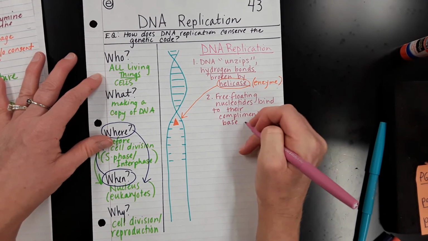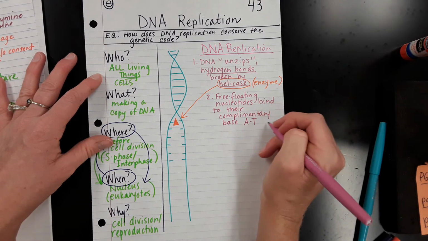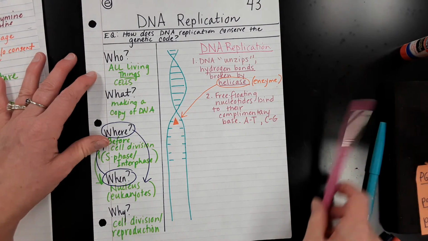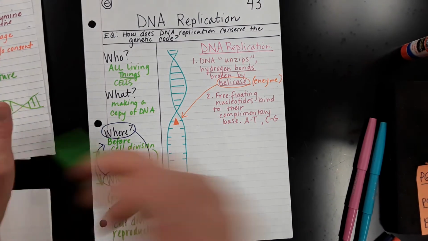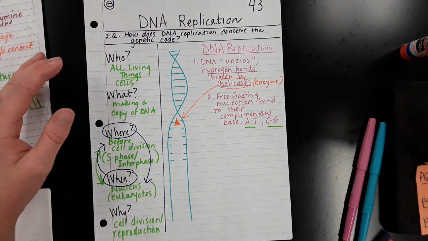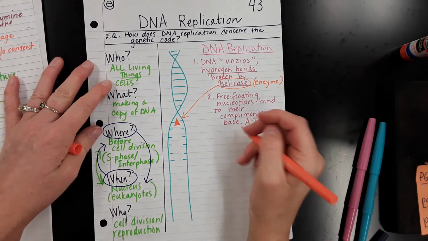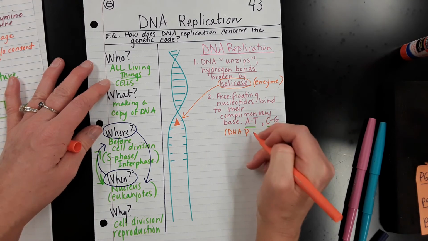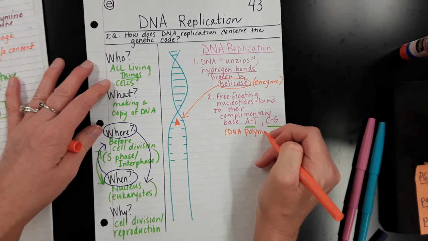For example, adenines will bind to thymines and cytosines will bond to guanines. So A's go with T's and C's go with G's. And these things are going to be put together by another enzyme, because enzymes put things together, called DNA polymerase. So it puts together the polymer DNA.